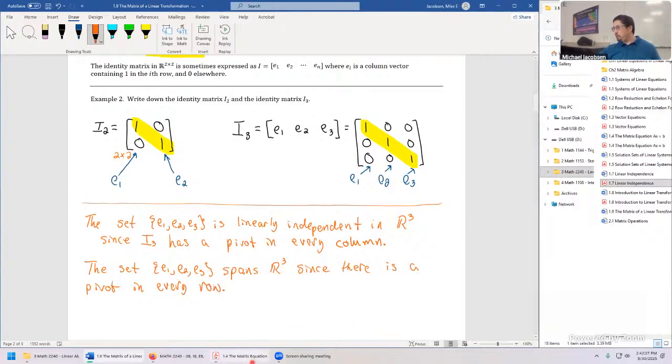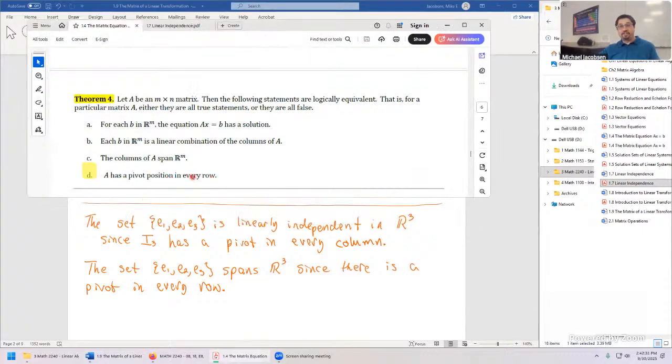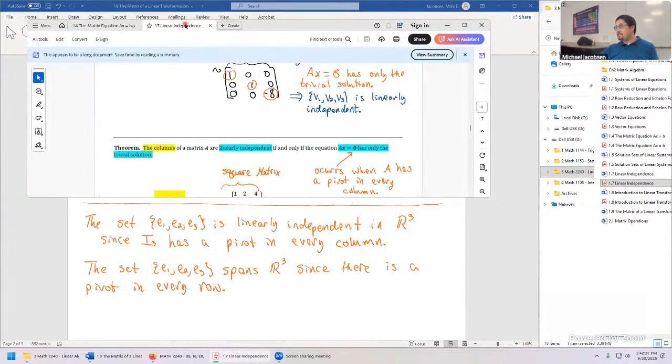So the review portions that we were looking into are for spanning, we have a pivot position in every row. That was theorem 4 from section 1.4. And for linear independence, we had a lot of formulas and definitions, but the punchline was a pivot in every column gives us linear independence.